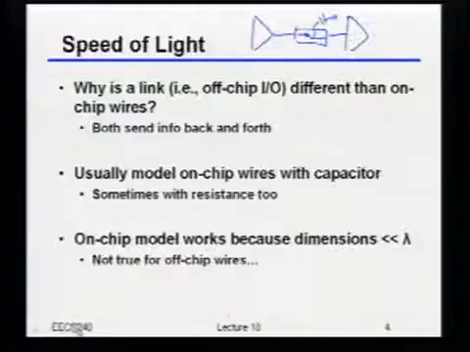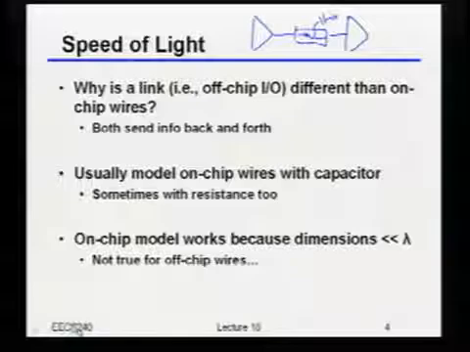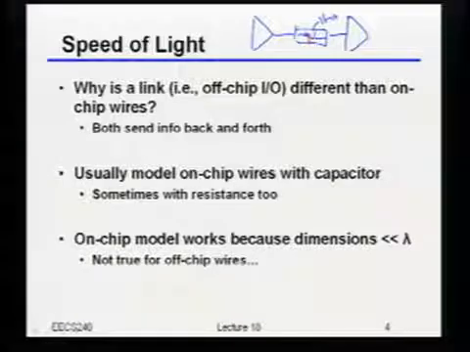What that basically means is you can't just use the same model anymore. You can't just think of the wires as at worst being something like a resistor and a capacitor. We actually have to think of them as something slightly more sophisticated.